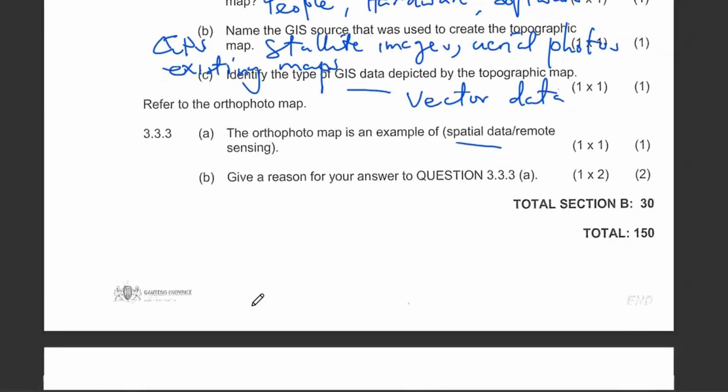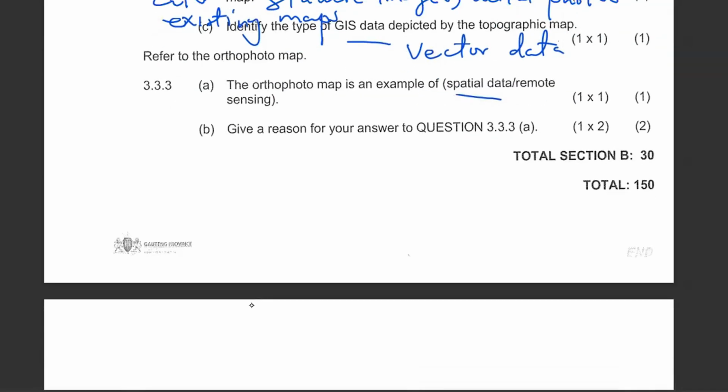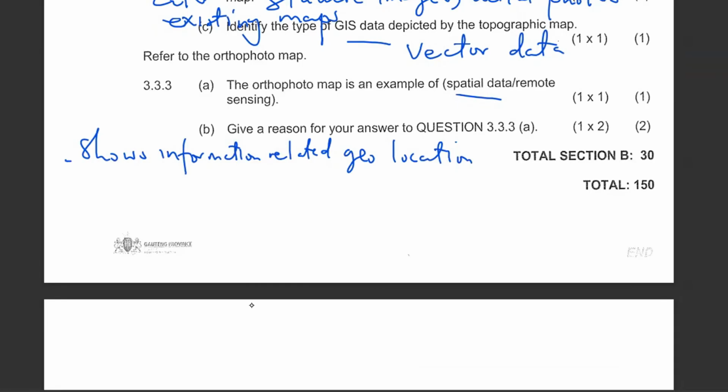Right, for the reason being, why am I saying? Because it shows information related to geographical location. Because we know spatial data deals with the location of features. So on the orthophoto map, we see information there which is related to geographical location of features.